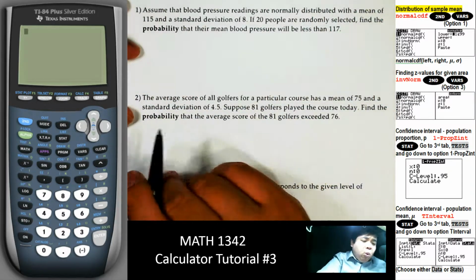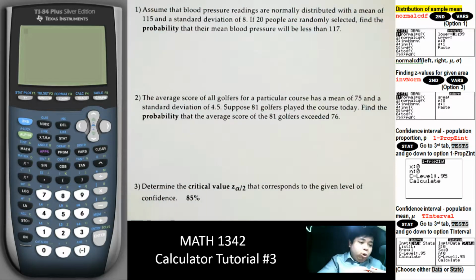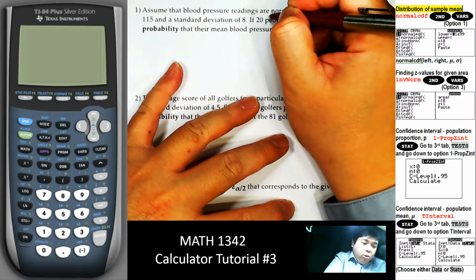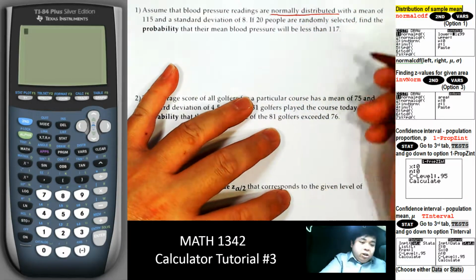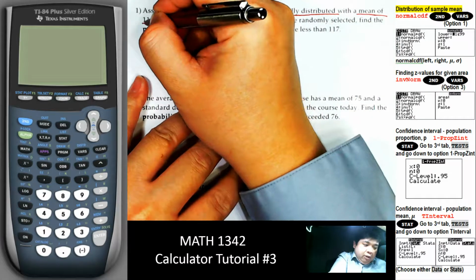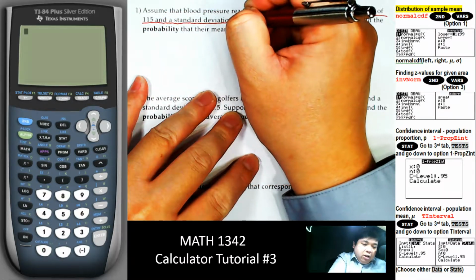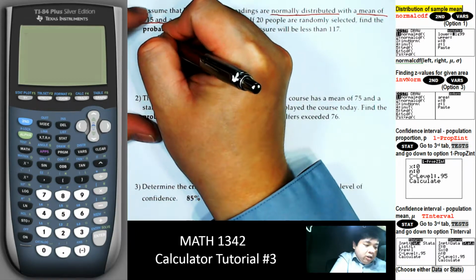So first, when we look at the prompt, the first one we have for the population, we have the normally distributed population, the mean of 115 and the standard deviation of 8. So we write out that is information for the population.